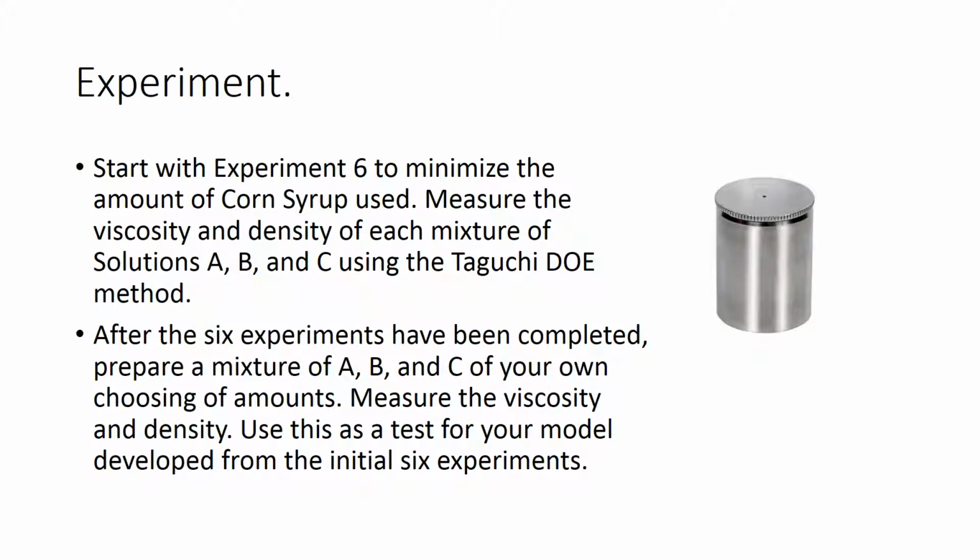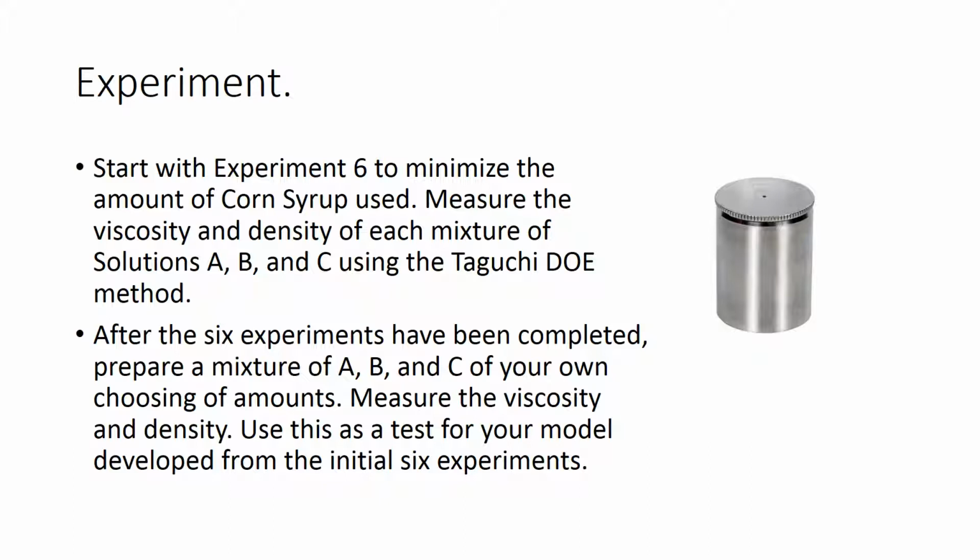So for the experiment, we'll start with experiment number 6, which is the pure corn syrup, and measure its viscosity and density. This is so that we minimize the amount of corn syrup used throughout the experiment. So we'll measure the viscosity and density of each mixture when we blend the solutions A, B, and C according to the Taguchi DOE method.